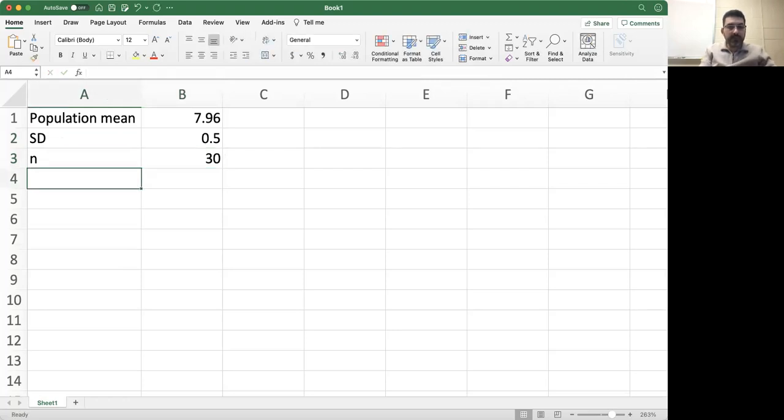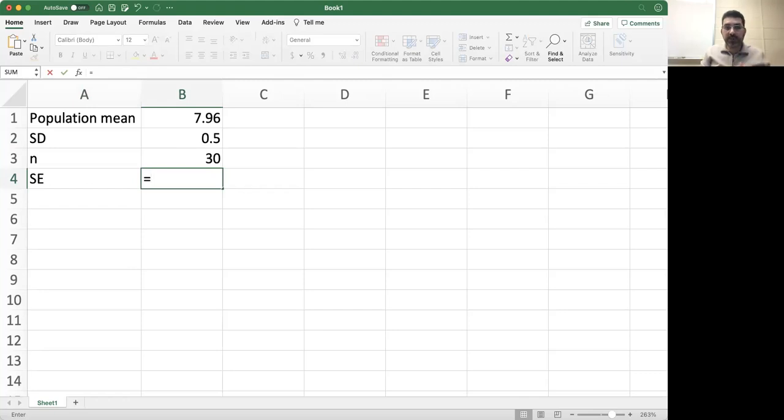Don't forget that here you are dealing with the mean, so you need to find the probability for X bar. So don't use the standard deviation 0.5 directly. This is not the standard error. You need to find the standard error for the mean, and this is equal to sigma divided by square root of n. So you have to find it first, as we did in the practice here.